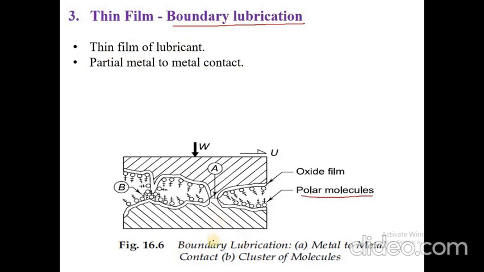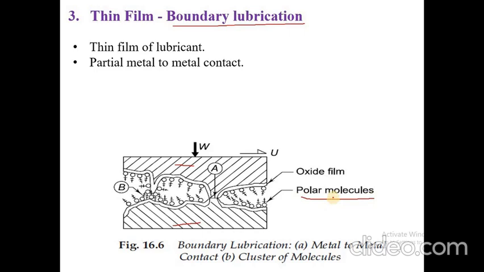Now here in the diagram you can see boundary lubrication. A shows you metal to metal contact and B shows the cluster of molecules. What is that we will see. Now this is first surface and this is the another surface, two surfaces which are having the relative motion between them, and the lubricant is passed in between these two surfaces, which is having polar molecules.